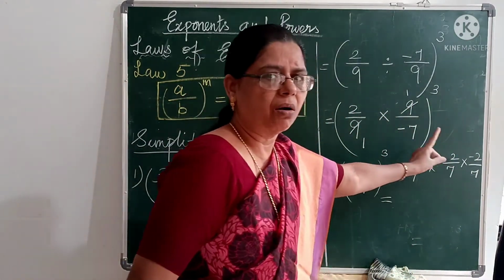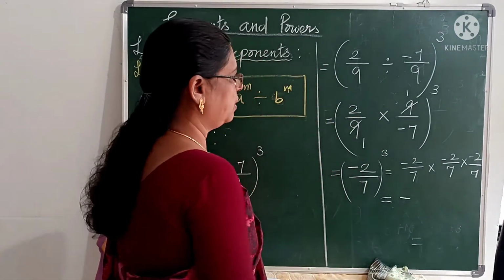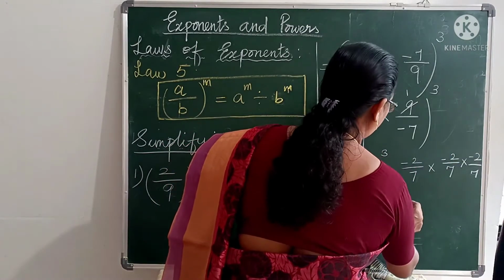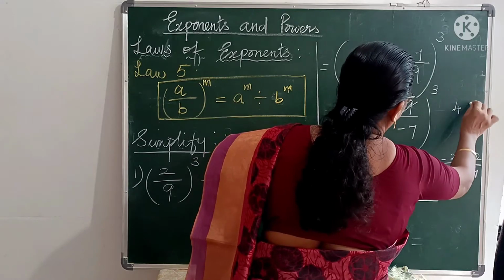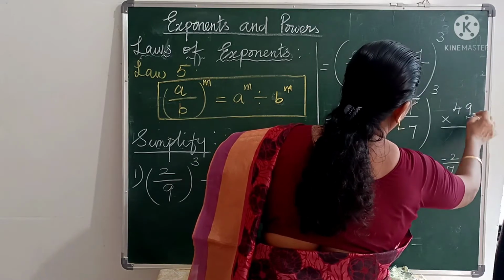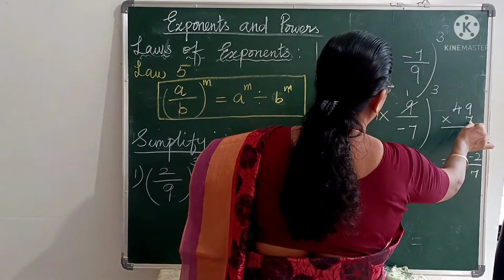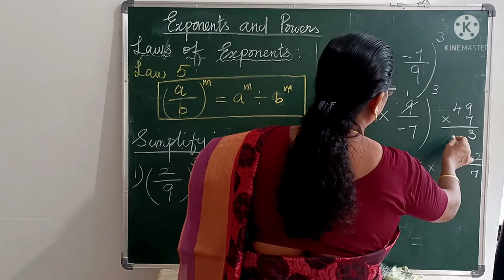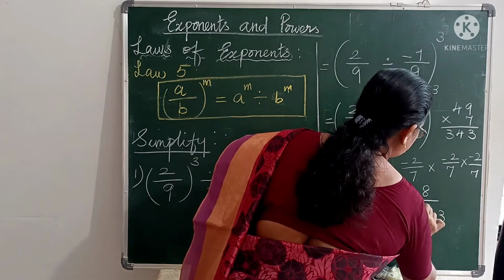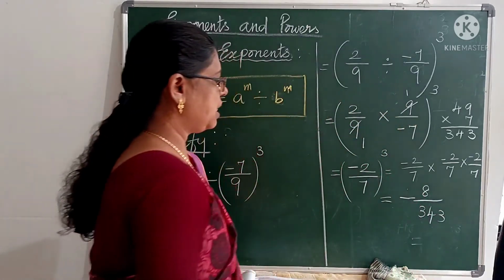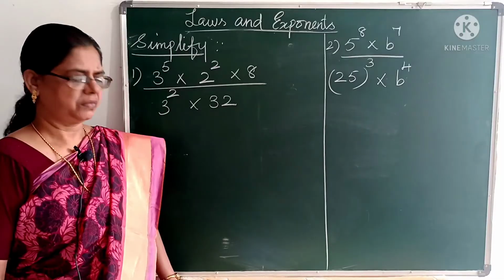Minus sign is taken odd number of times, so the product will be minus, negative. 2 2s are 4, 4 2s are 8. 7 7s are 49. 49 into 7, 9 7s are 63, remainder 6, 7 4s are 28, 28 plus 6, 34. Minus 8 upon 343 is the answer for this one.